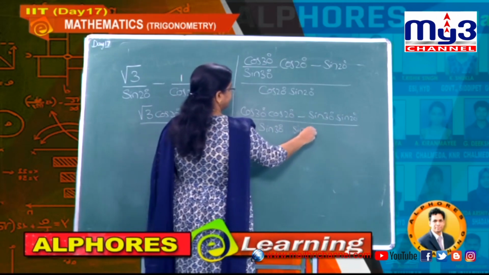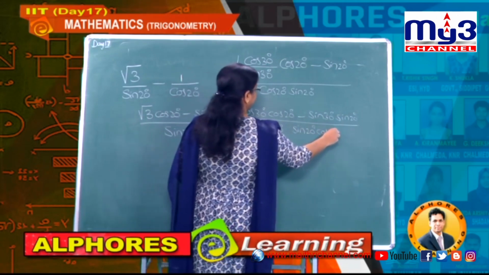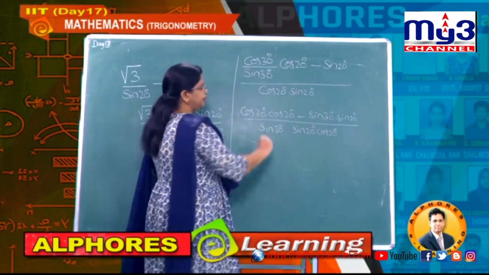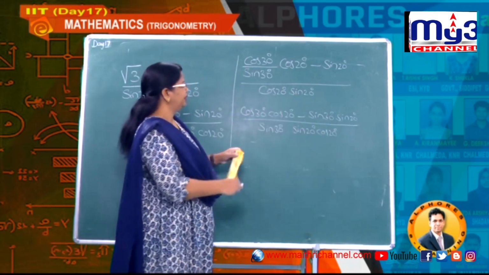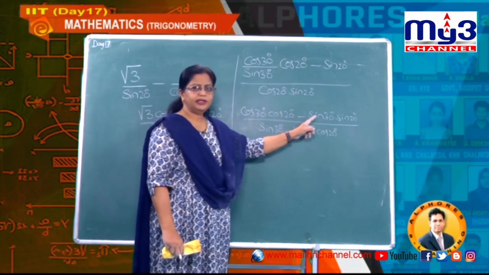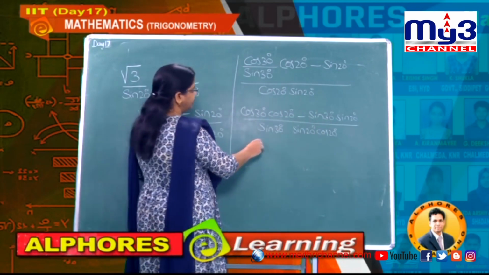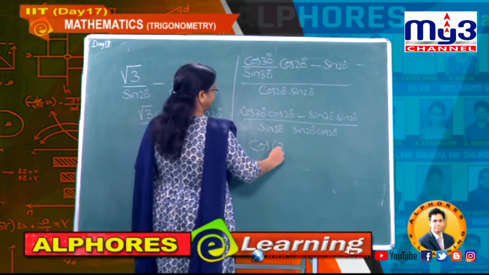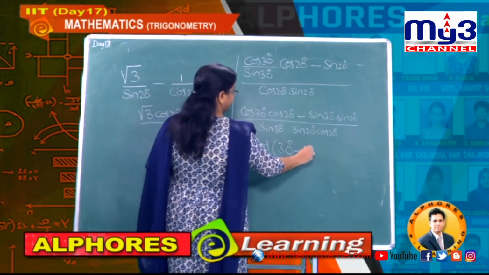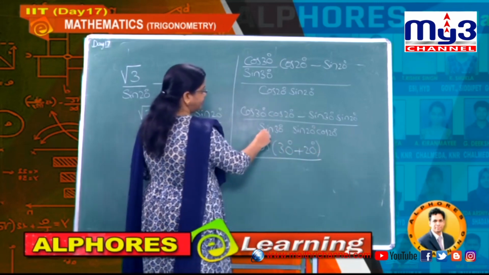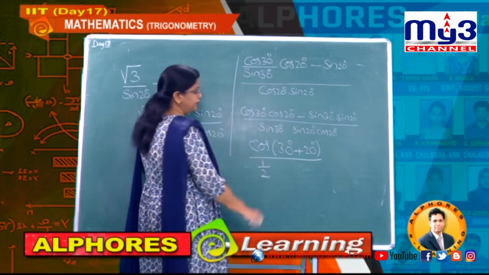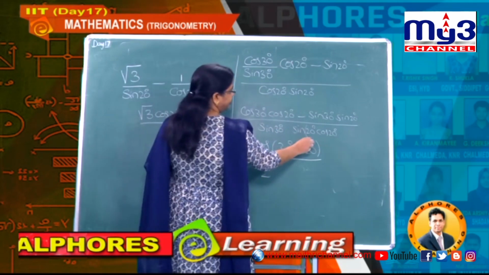Now this is sin 20 cos 20. Okay. AB, if you write BA, no error. Now numerator cos A cos B minus sin A sin B. So what is the value? Cos of A plus B, that is 30 plus 20, and divided by the denominator this is 1 by 2, and again this is nothing but what here?